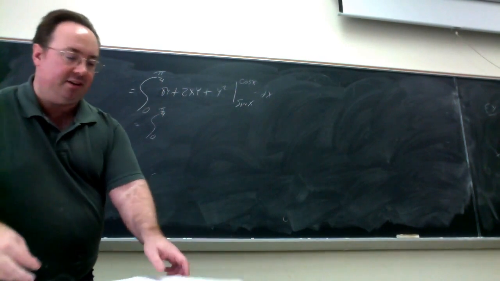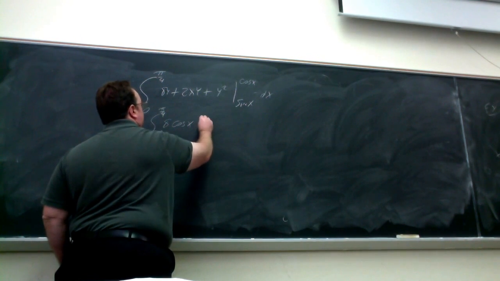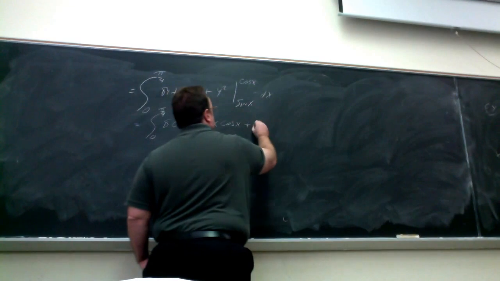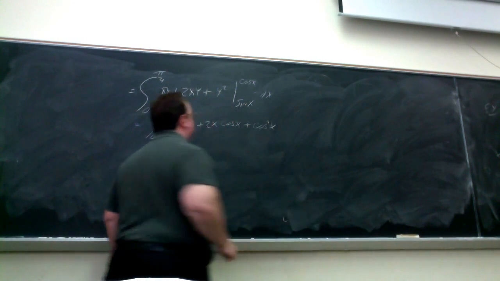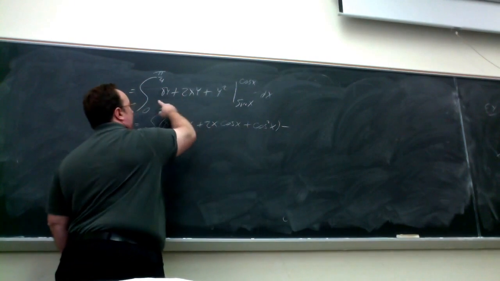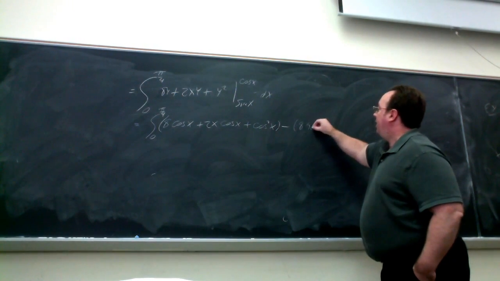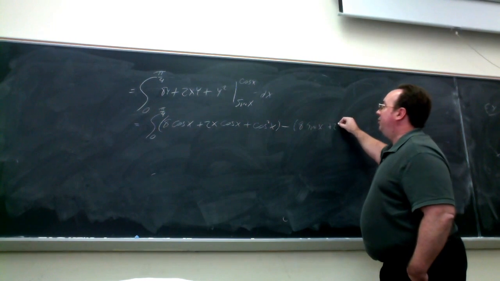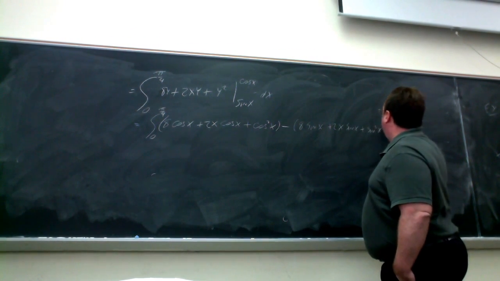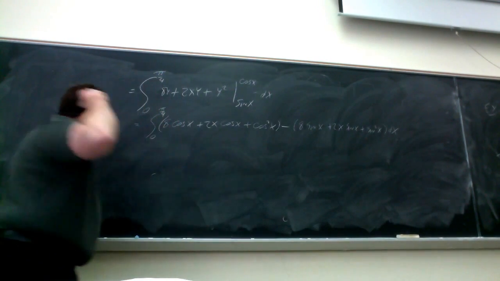So you're going to get 8 cosine x plus 2x cosine x plus cosine squared x from the upper limit, minus the same thing for the lower limit, sine x: 8 sine x plus 2x sine x plus sine squared x. And we can try to simplify that.